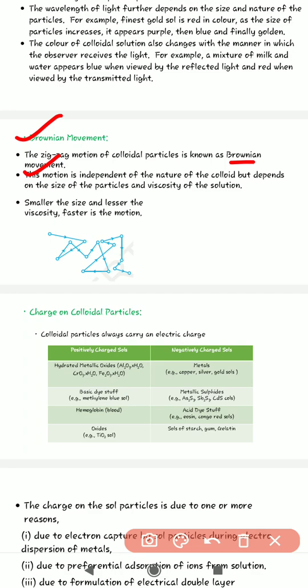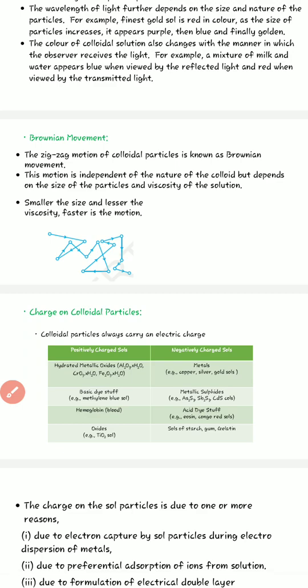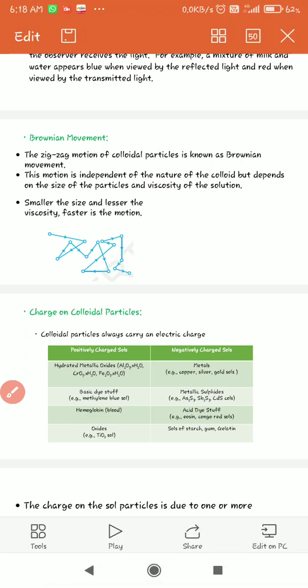So simply, how do you remember this? The smaller the particle size and the lesser the viscosity, the faster the particles move. So this is called Brownian movement.